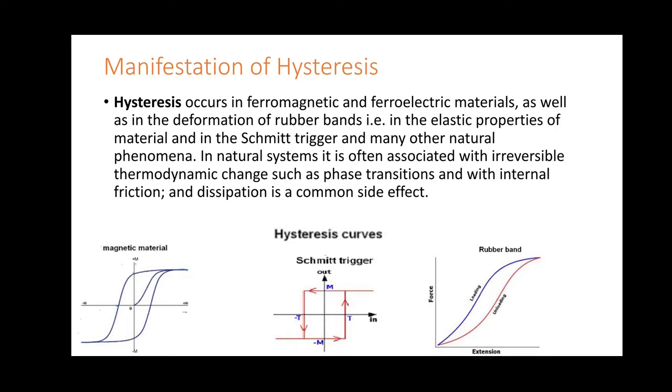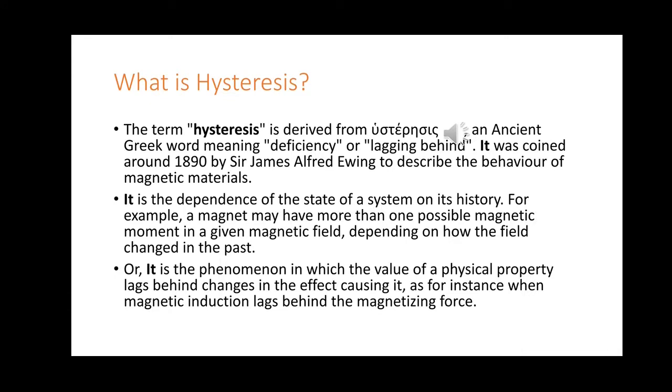So in all these figures, we see there is some property. There are 2 properties which started simultaneously, but one of them gets to its original position while the second remains behind. This is the meaning of the word hysteresis, that is, deficiency or lagging behind.